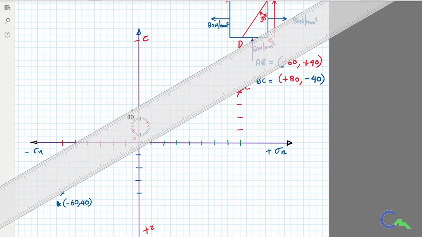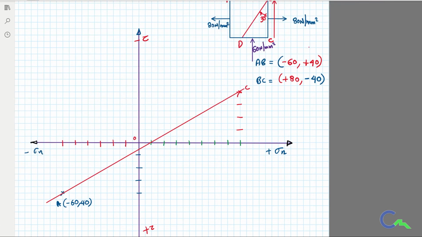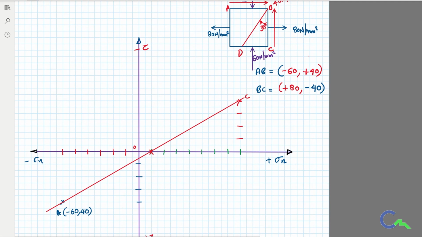But you have to use the graph. If I join these 2 points, I will get the center somewhere here. So that is the point B. So you can see here A, B and C.